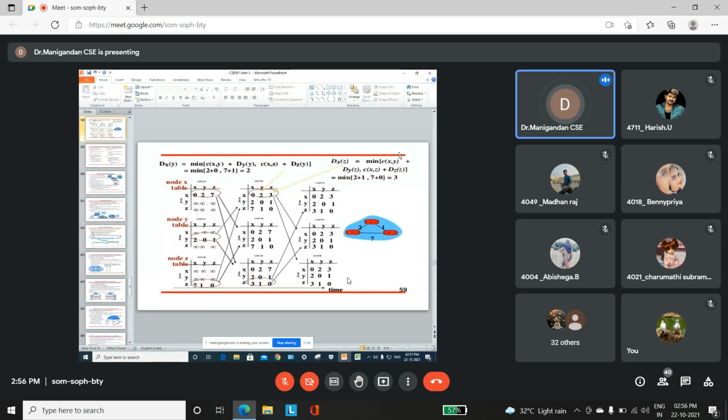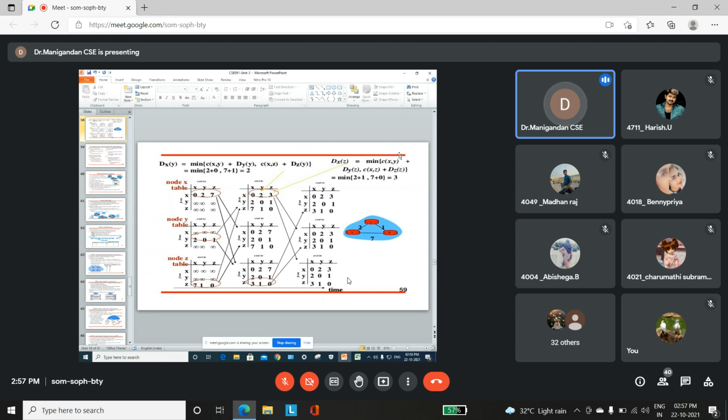Using this diagram, the node x table, node y table and node z table are assigned, and we use x, y, z to find the minimum value. Here it is c(x,y) plus d_y(y), and c(x,z) plus d_z(y). The values are 2 plus 0 and 7 plus 1, so the final value is 2.